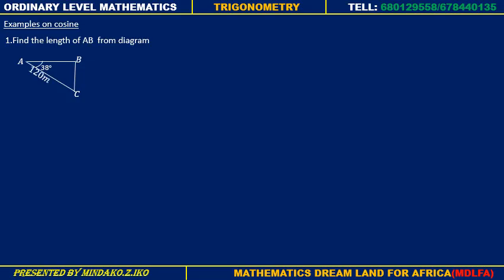So let's look at the side that is given. We have 120 meters. So the length AC is 120 meters, and actually they're asking for the length AB from the diagram. Now you notice that the length AB is actually the adjacent, because it lies just beside the angle, the angle 38 degrees.